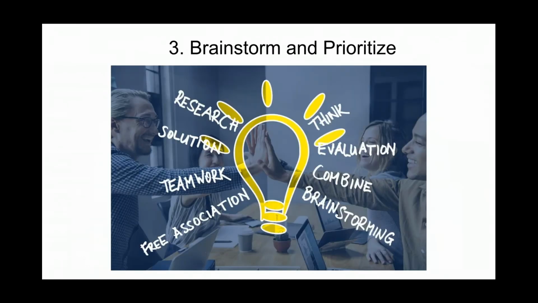Okay, so step 3, brainstorming and prioritizing a solution. This is a chance to get everybody in the room and start to gain a variety of perspectives. And I think it's really important to clearly define that there is going to be a brainstorming session, because what we've seen happen in the past is things like this. Let's say you have 5 people in the room and the CEO says, you know what, I think this is how we're going to solve the problem. Let's do it this way.